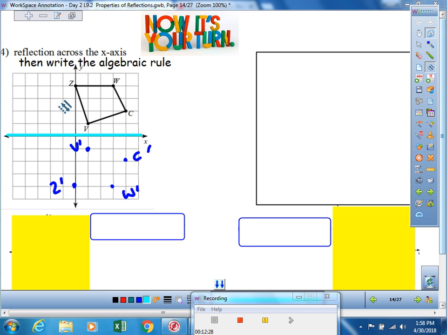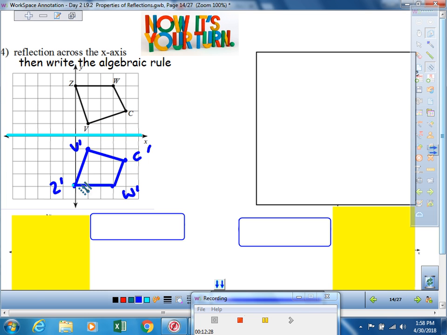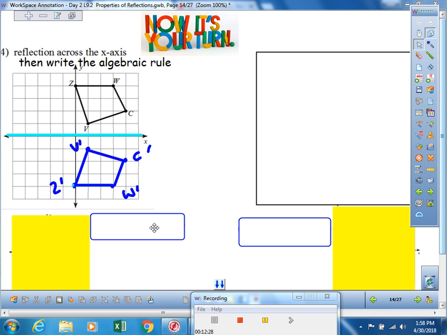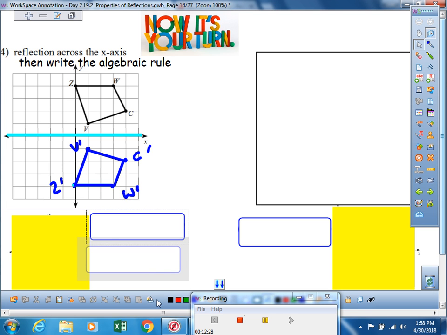Remember, if you have a horizontal or vertical line, like from Z to W, you should still have a horizontal or vertical line. Any questions? And then which one's negative on your algebraic? Okay, negative y. All right, question.